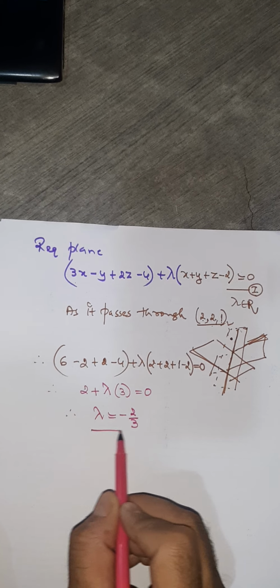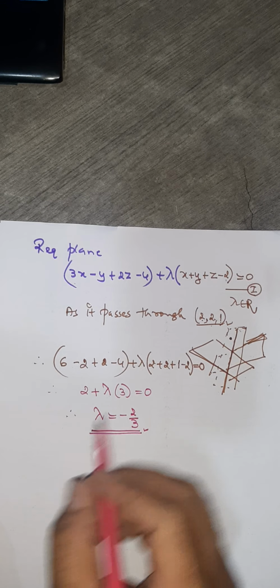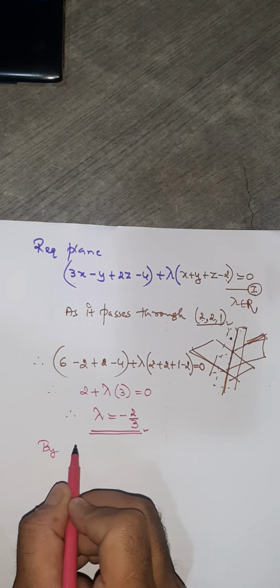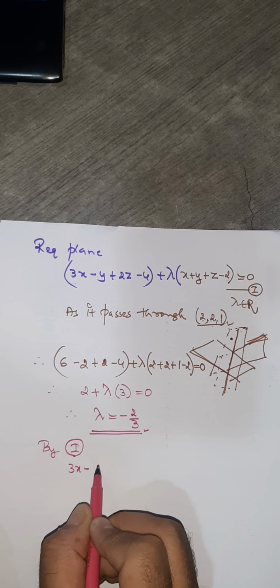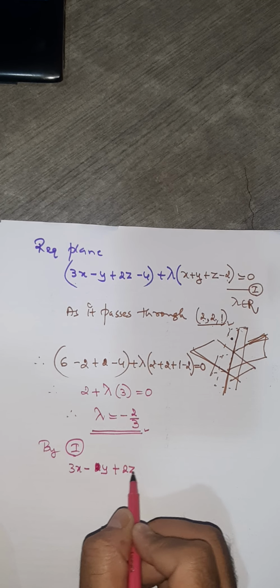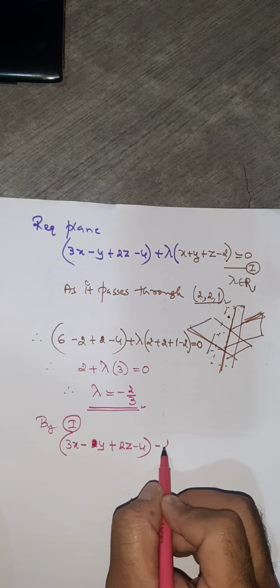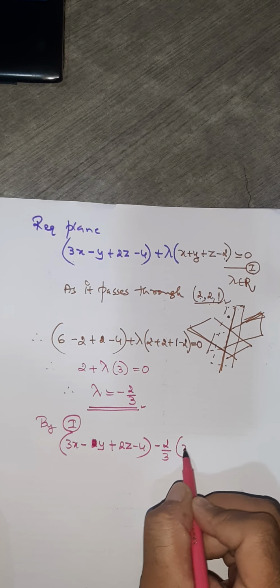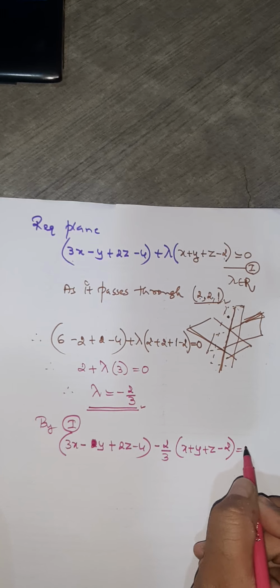So lambda is here minus 2 by 3. Now where do we put the value of lambda? In equation number 1. So by 1, you have 3x minus y plus 2z minus 4, minus 2 by 3 into x plus y plus z minus 2 equals 0.